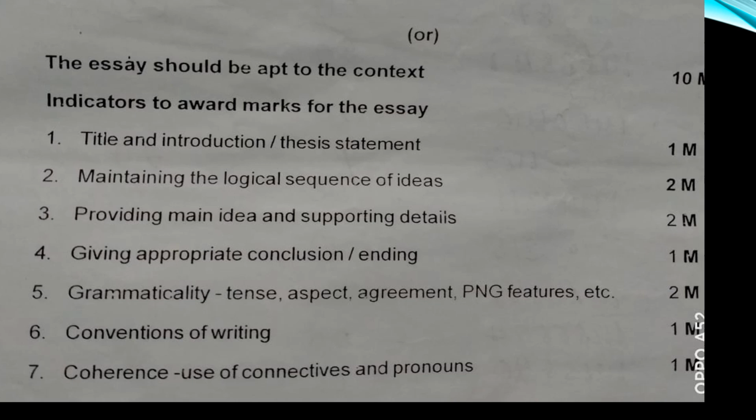The fifth one is grammaticality, tense, aspects, agreement, PNG features, etc. Sixth one, conventions of writing. Seventh one, coherence, use of connectives and pronouns. So students, hope you understand how to write an essay about a particular topic. Then we'll move to the next one.